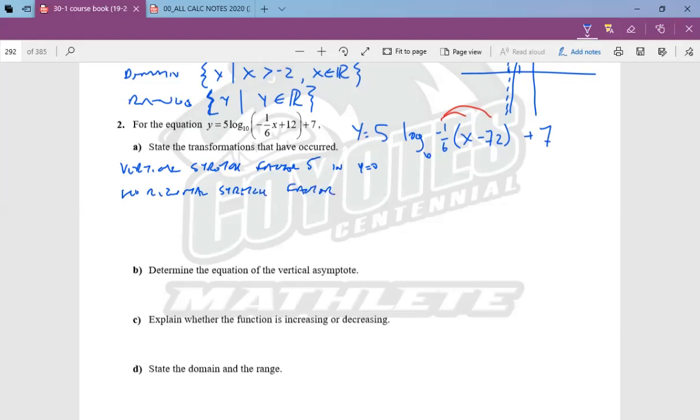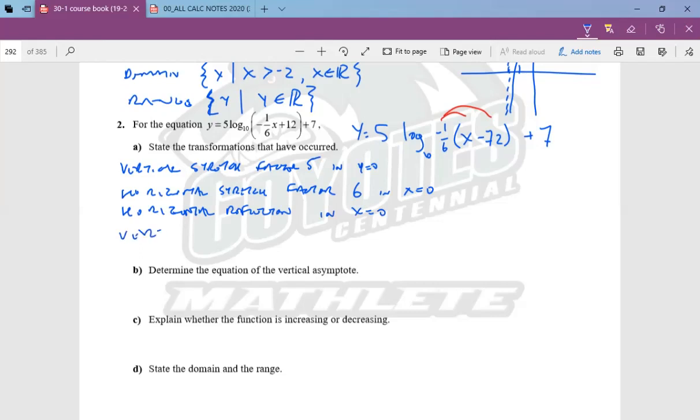We have a 1/6 as a b value, so we have a stretch factor of 6 in x equals 0. We also have a horizontal reflection in x equals 0, the y-axis.